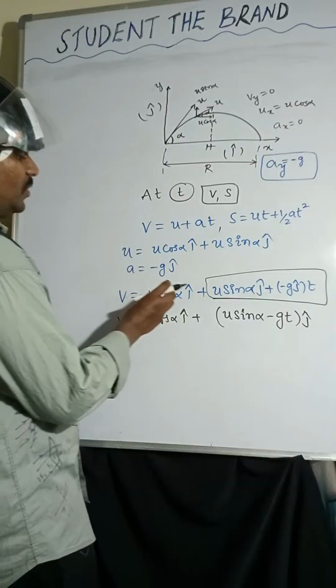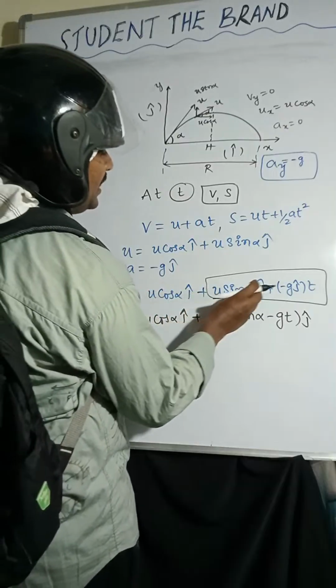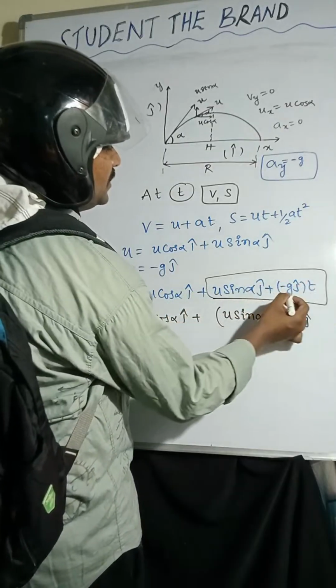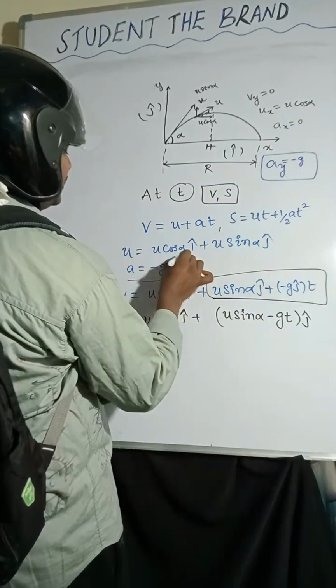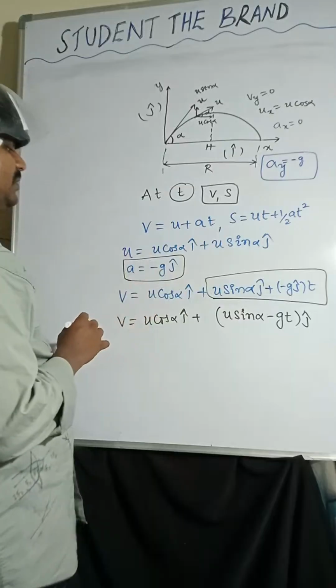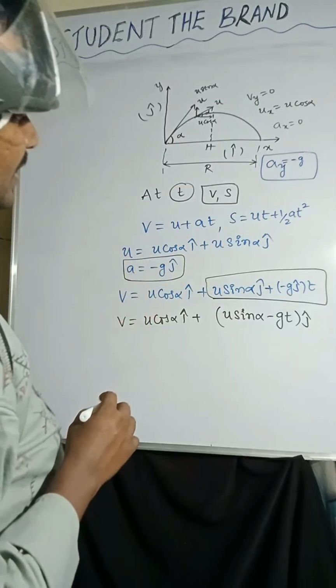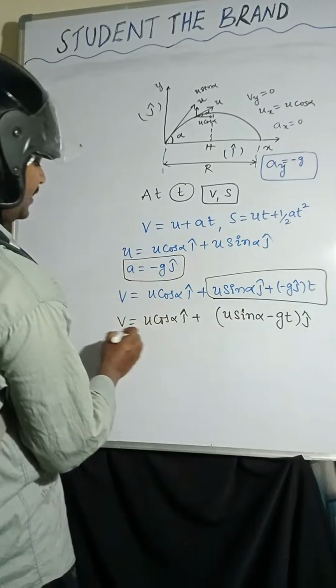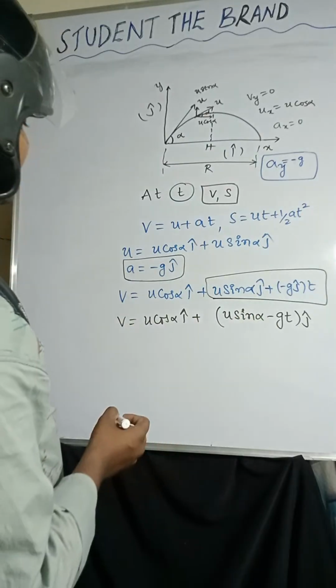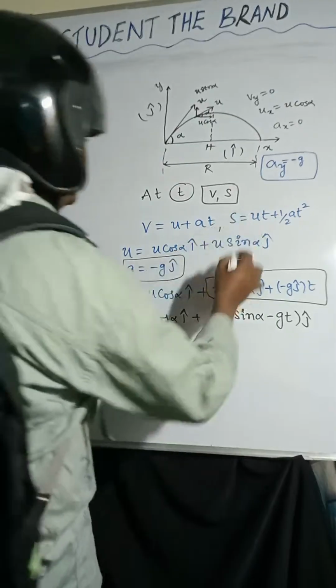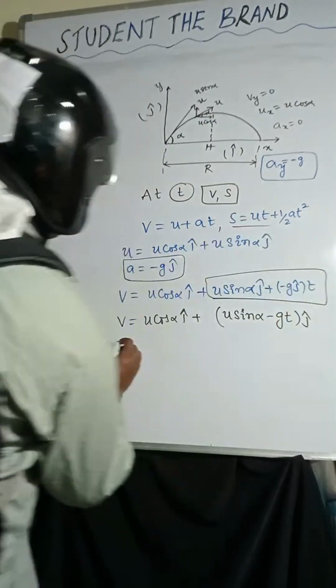So v equal to u cos alpha i cap plus u sin alpha j cap plus, here along the y-axis, we consider a equal to minus g j cap. If you substitute, you get v equal to u cos alpha i cap plus (u sin alpha minus gt) j cap. Coming to this one, s equal to ut plus half at square.